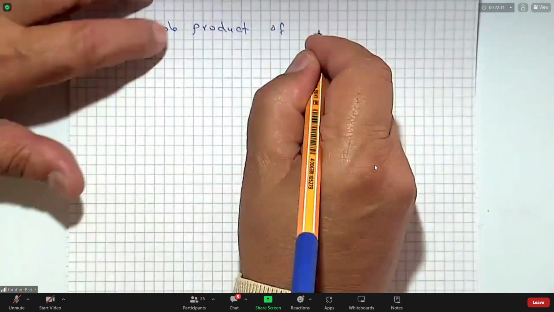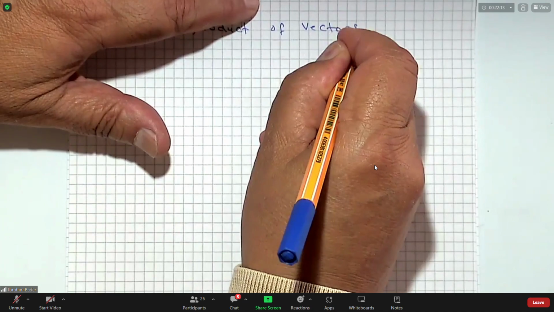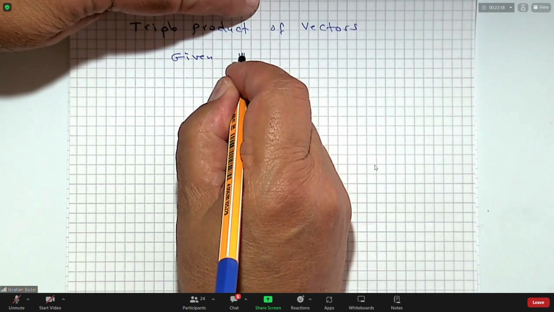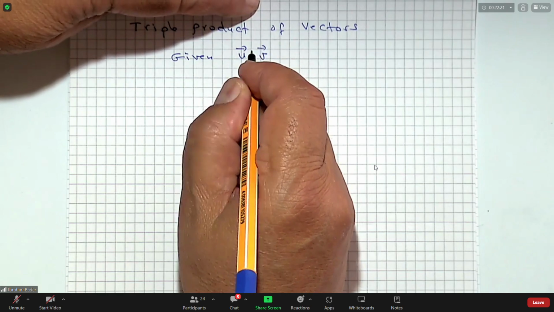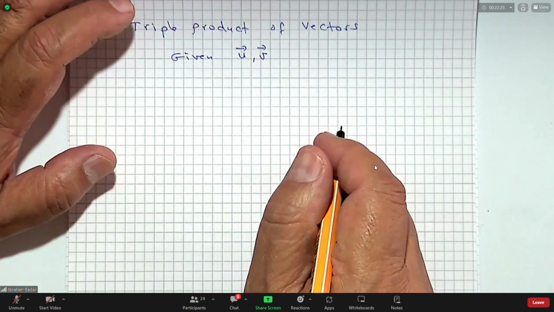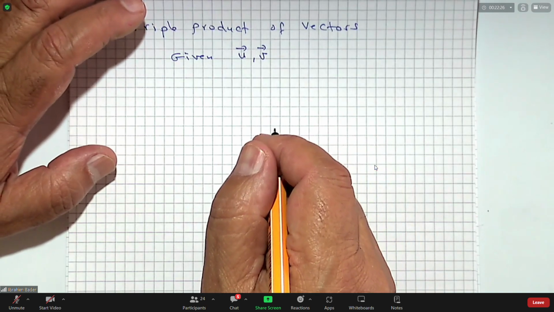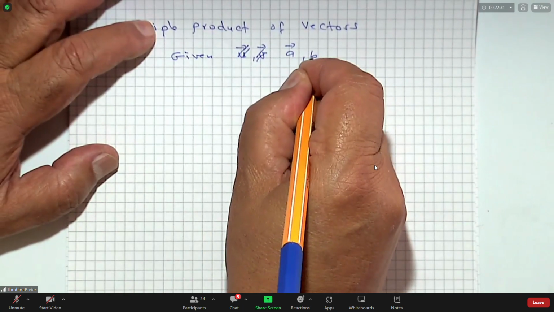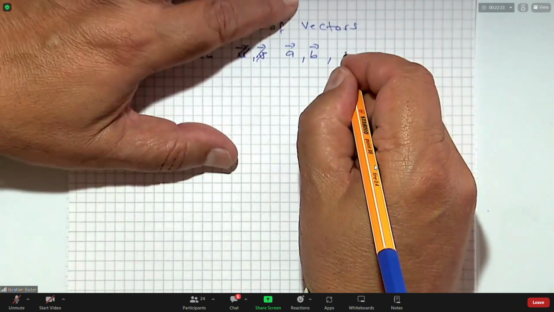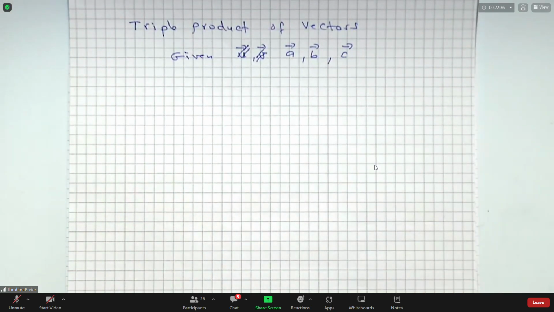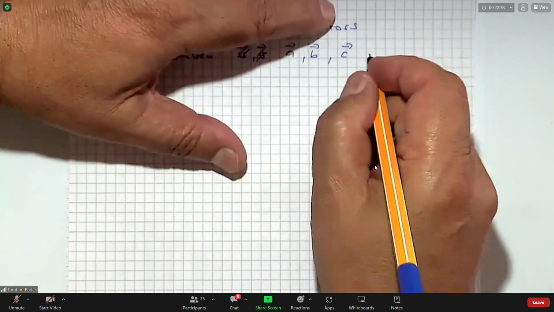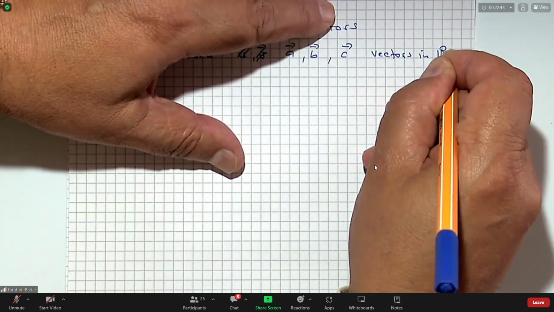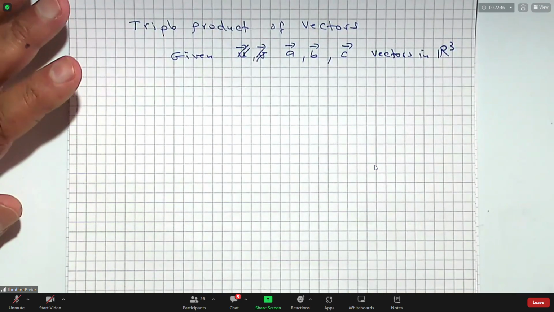of vectors. Now assume we have three vectors. U, V, maybe we take here as easier A, B, because U and V look similar. So same vectors, same dimensional vectors. Okay.